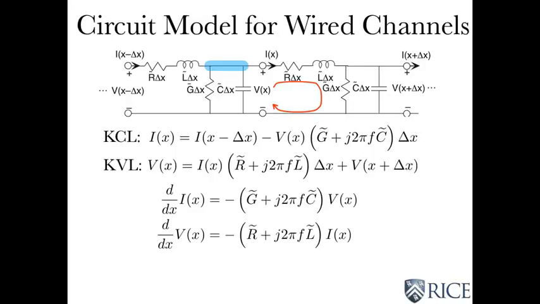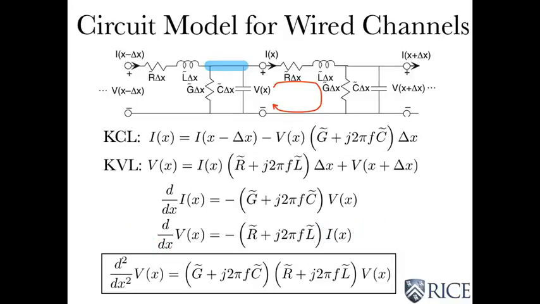Well, I want to get one relationship here, so what I'm going to do is take a derivative of this equation, which gives me a second derivative here for the left side, and on this side that gives me a derivative with respect to x. And now I can substitute in that equation down below and arrive at a simple equation for the complex amplitude of the voltage at a given location x.